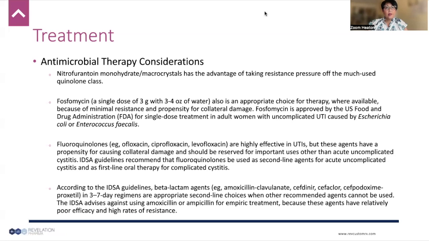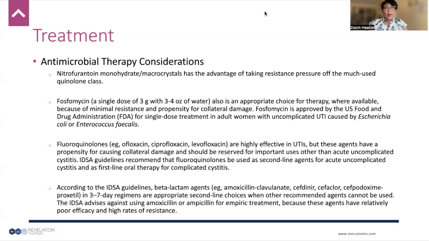Fosfomycin, a single dose of 3 grams with 3 to 4 ounces of water, is a good choice for therapy where available because of minimal resistance and propensity for collateral damage. Fosfomycin is approved by the FDA for single dose treatment in adult women with uncomplicated UTI caused by E. coli or Enterococcus faecalis, but it's been reported that the efficacy of that single dose fosfomycin is inferior to that of standard short course regimens.